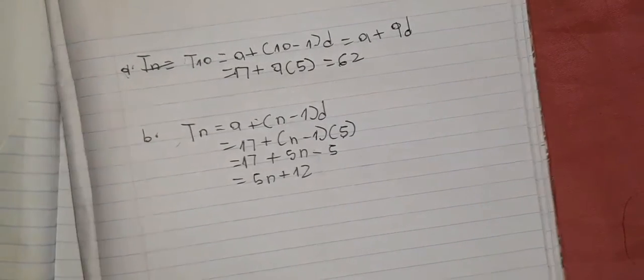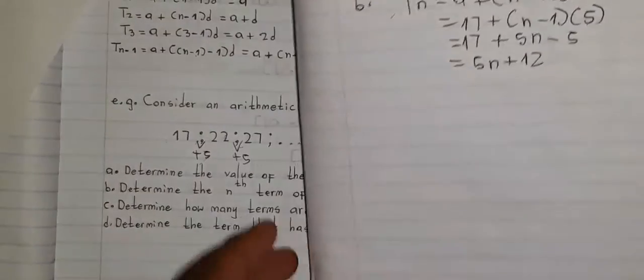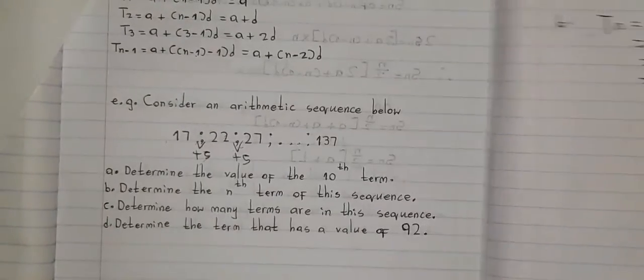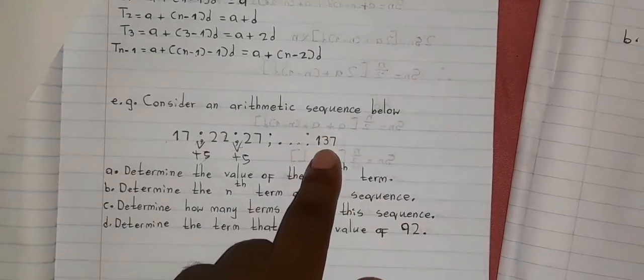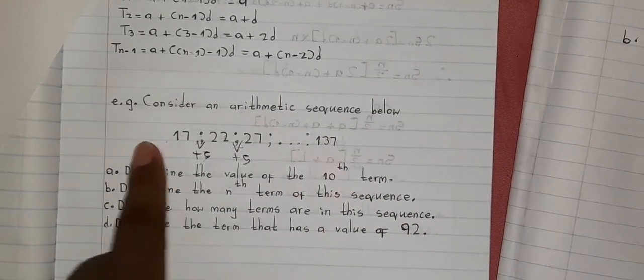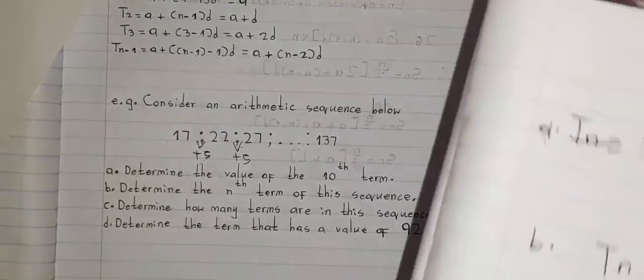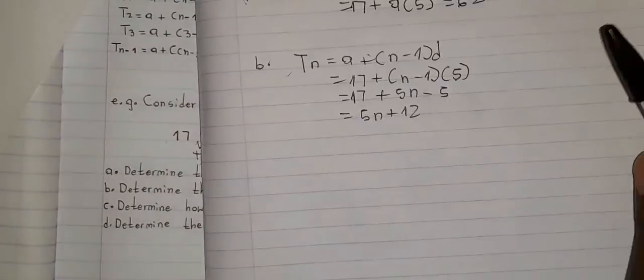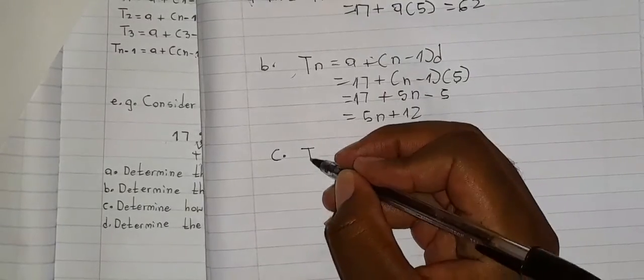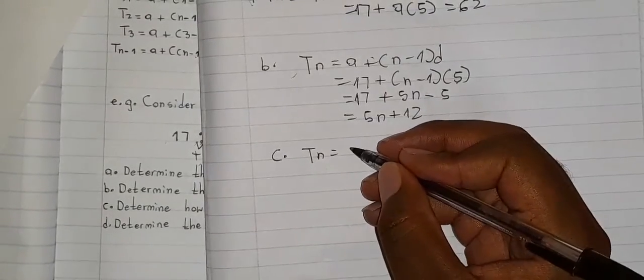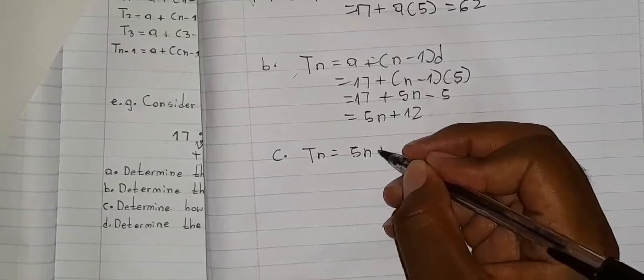So let's move on to number C. It says determine how many terms are in this sequence. We have the last term and we have the first term, so I don't think that will be difficult. You know that Tn is equals to 5n plus 12.